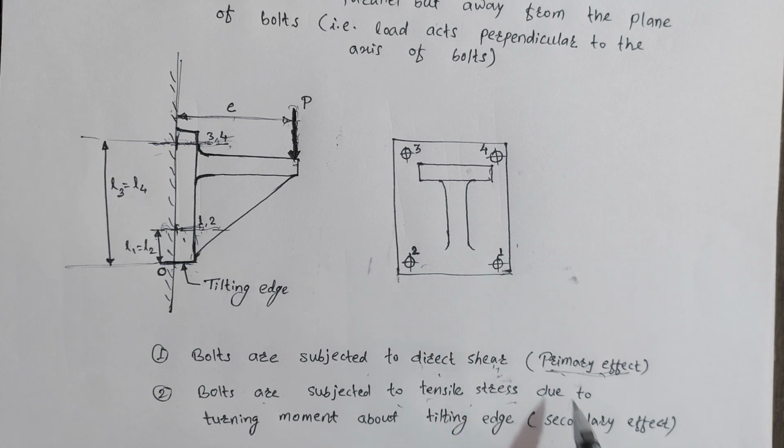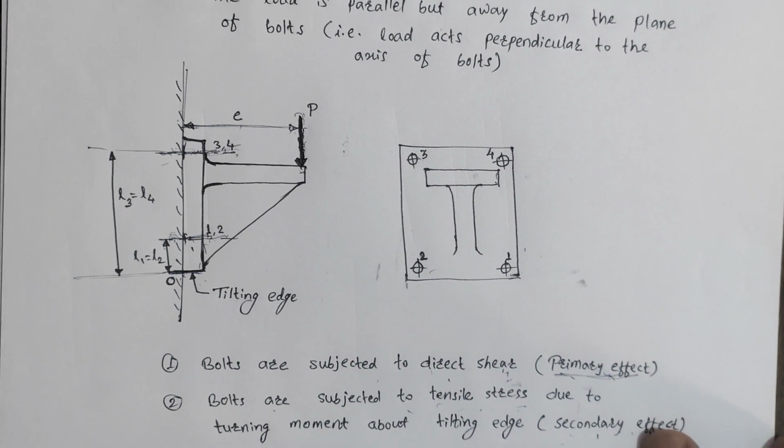So there are 2 effects. Primary effect is shear stress, secondary effect is tensile stress. So these 2 stresses are acting on the bolt. Now we'll see how to consider both the effects while designing the bolt.